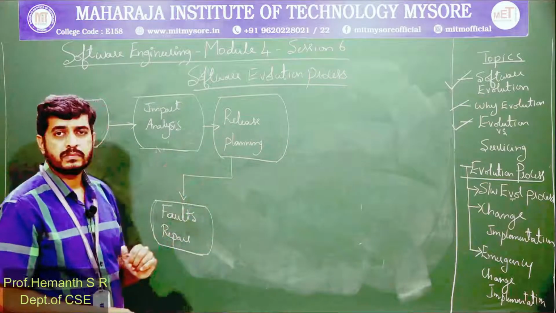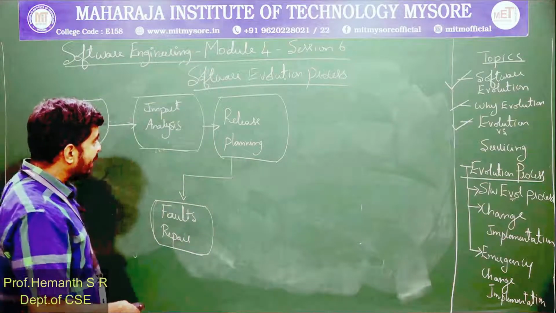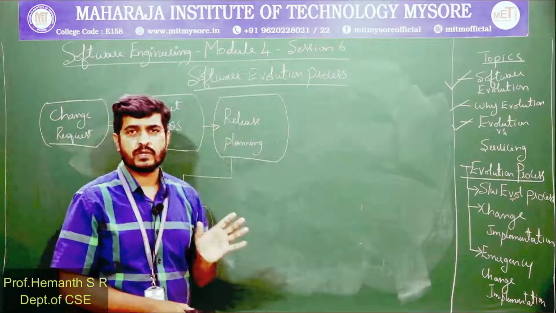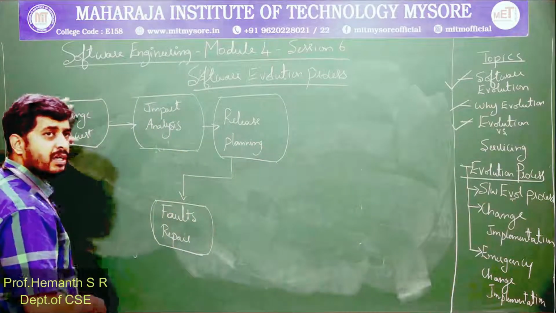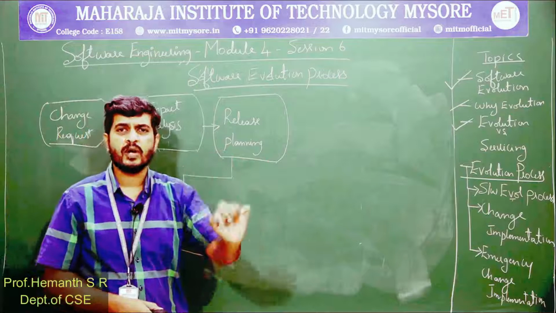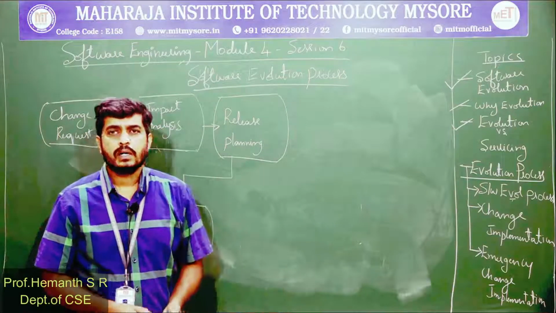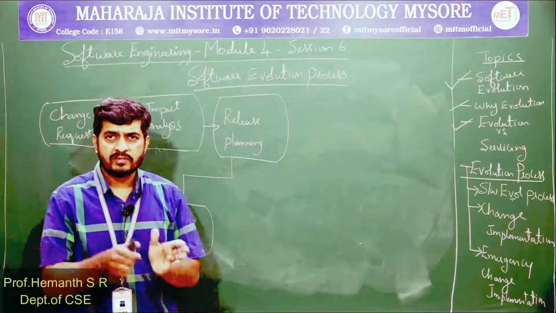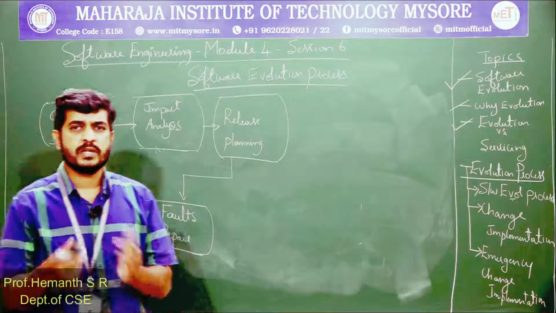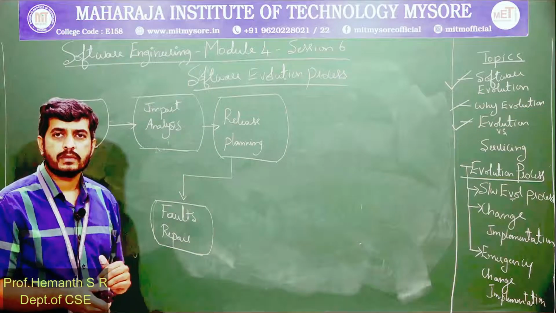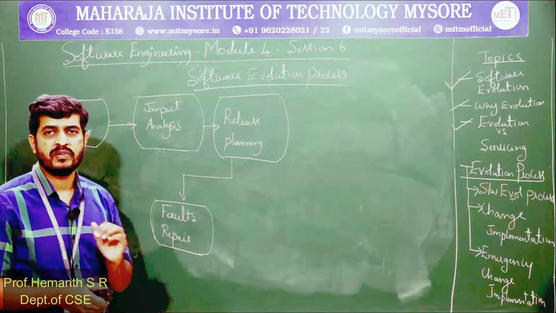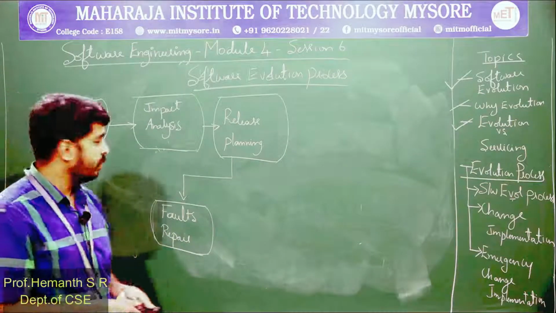So at this stage, we are graphically depicting the software evolution process, starting from the point where the change was requested to the point where the change will be incorporated and released to the client. What are the different stages, what are the different steps that are conducted as part of the process, that is what we are trying to understand.